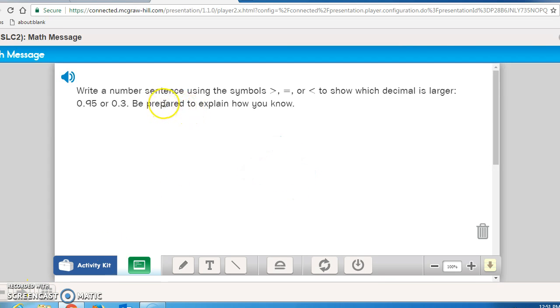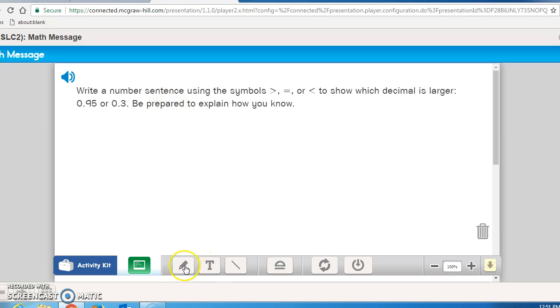So write a number sentence using the symbols greater than, equals, or less than to show which decimal is larger, 0.95 or 0.3. Be prepared to explain how you know.